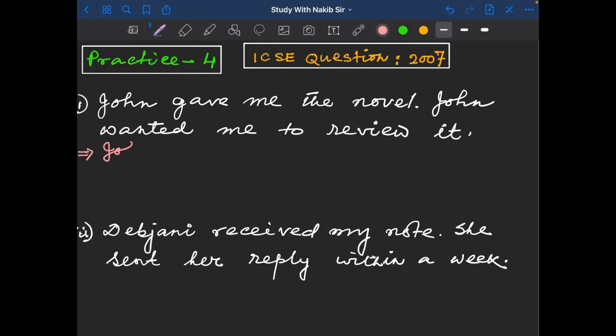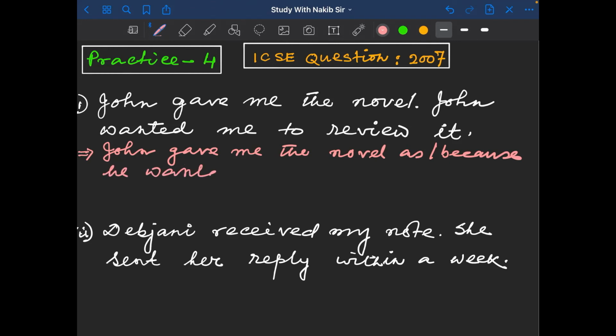John gave me the novel as or because he wanted me to review it.